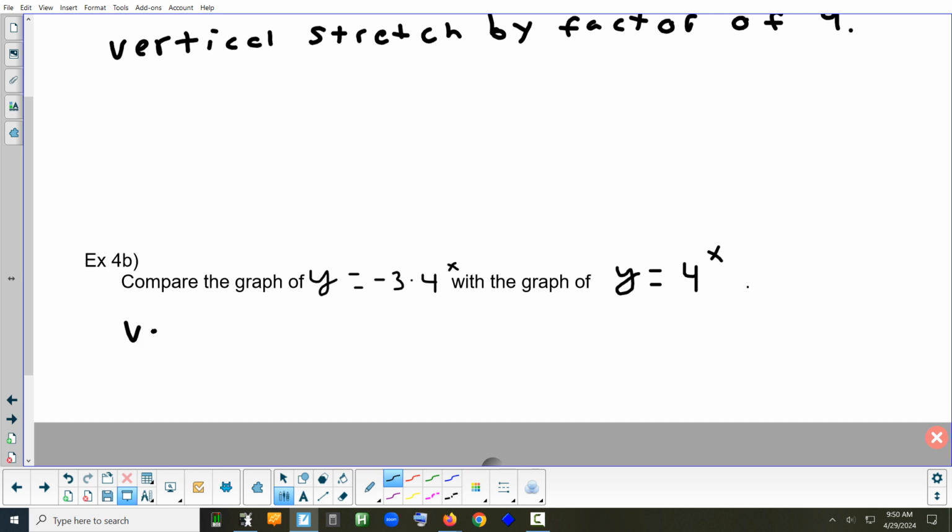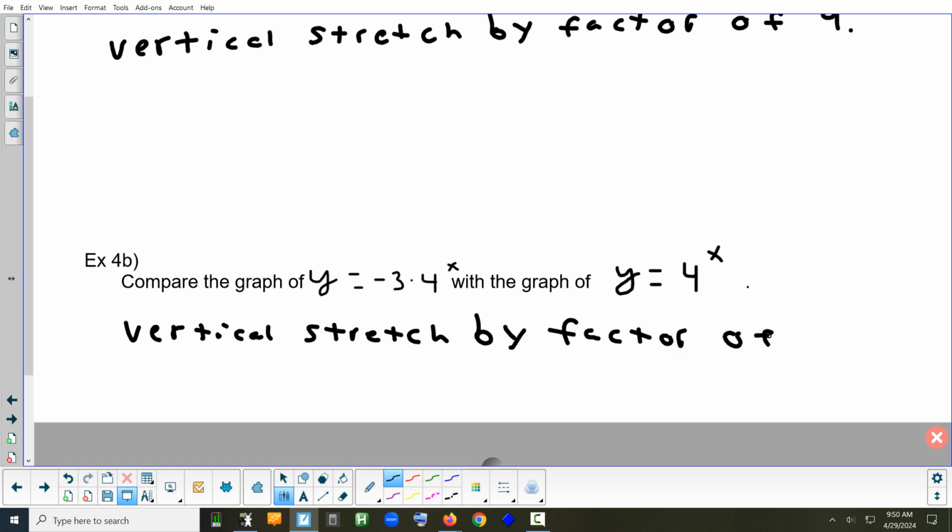Vertical stretch by factor of. Factor of just means how much of a vertical stretch. Okay, vertical stretch by factor of.